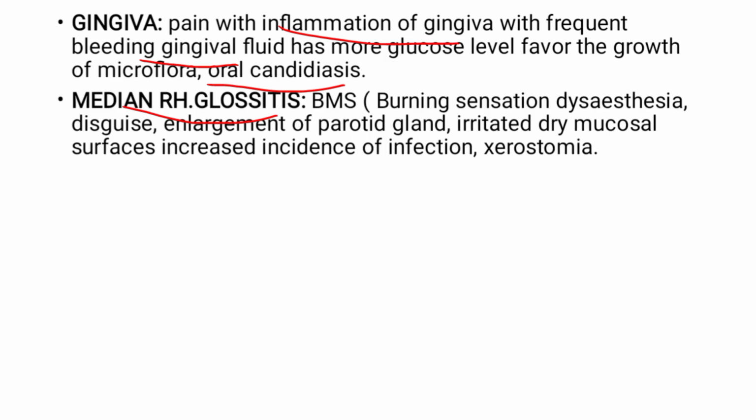So in the gingiva there is inflammation and bleeding, which also favors oral candidiasis and microflora growth. In median rhomboid glossitis there is burning mouth syndrome, with burning sensation, dysesthesia, dysgeusia, enlargement of the parotid gland, irritated dry mucosal surfaces, and increased incidence of infection and xerostomia.